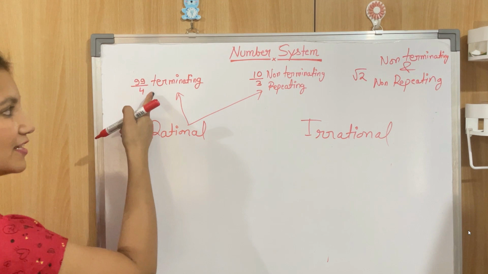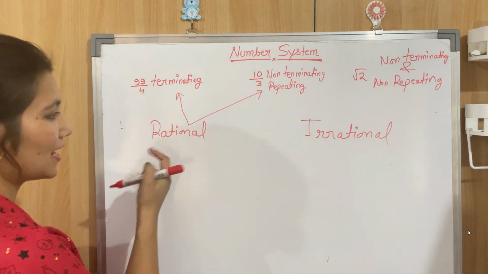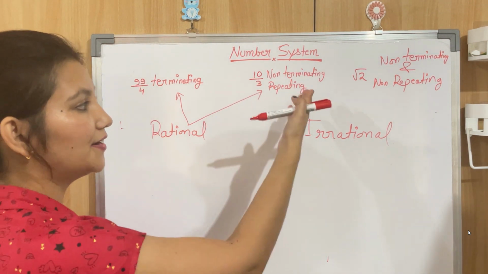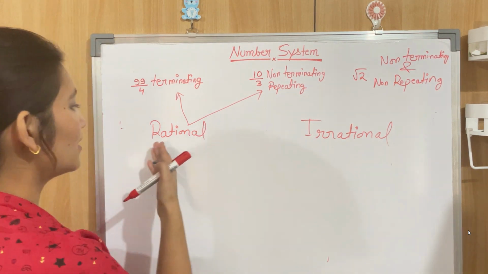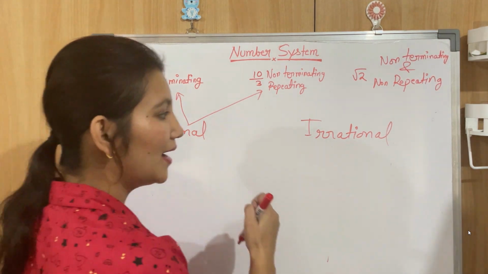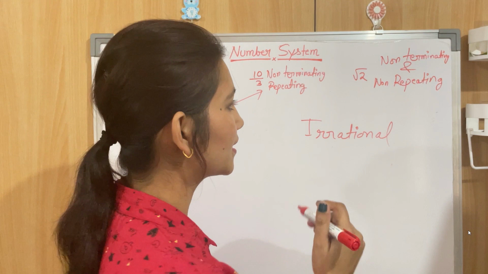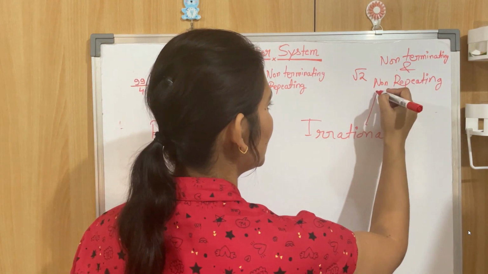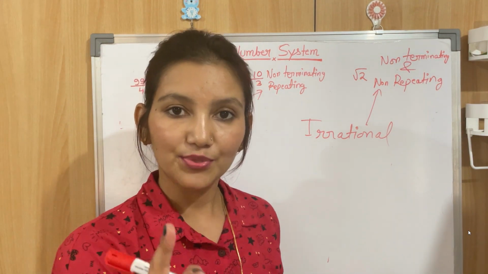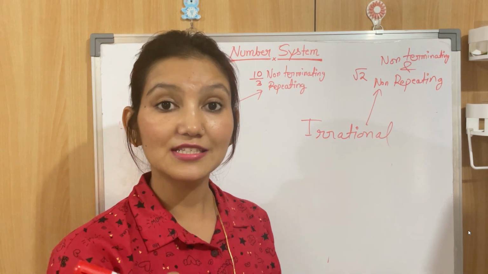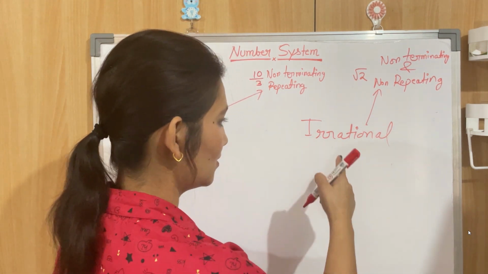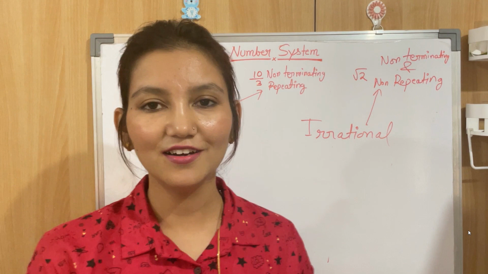So if a number is terminating, it is a rational number. If it is non-terminating but repeating, then also it is a rational number. But if a number is non-terminating and non-repeating, then it is an irrational number. Okay, so the difference is clear.